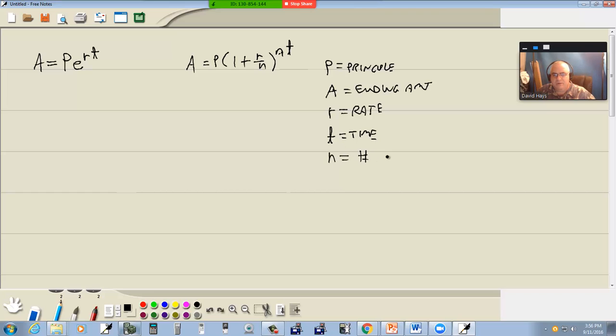And n is the number of times compounded per year. Now this first formula you use if it says continuous. The second one you use if it does not say continuous.